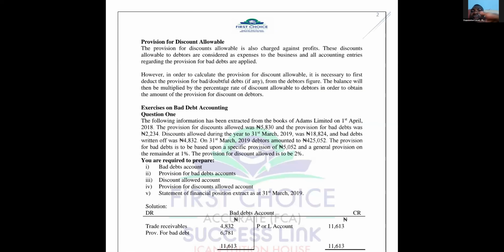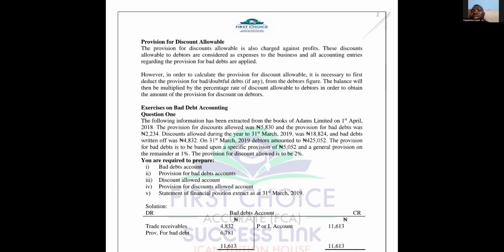So now that we have identified that, the next thing for us is to compute so that we can know our total closing balance for the allowance for bad debt. We have 5,052, which is there already.